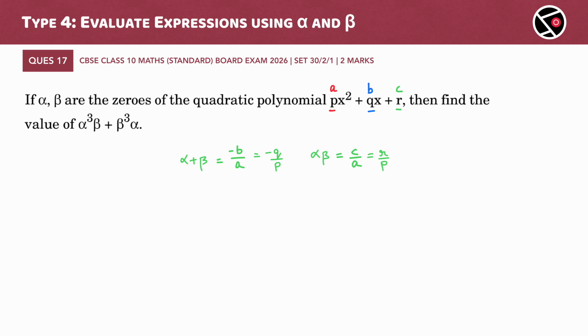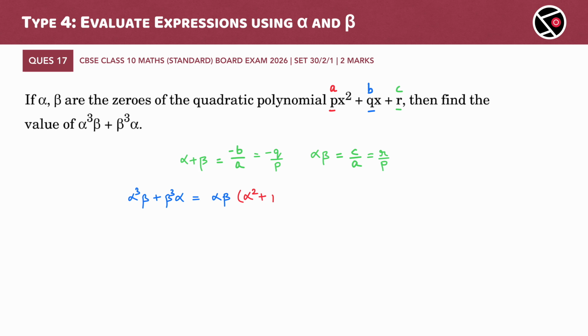The expression is alpha cube beta plus beta cube alpha. We pull out the common factor alpha beta, and in the brackets we have alpha square plus beta square. What next? We know the value of alpha beta. But what about alpha square plus beta square?